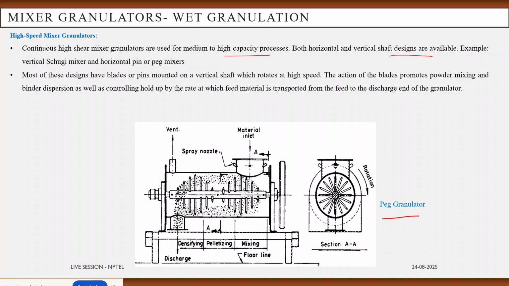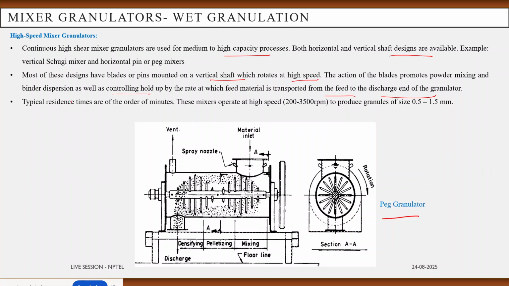So this is one example of the peg granulator, where most of the designs have the blades and pins mounted over the vertical shaft, which rotates at a very high speed. The action of the blades promotes powder mixing and binder dispersion, as well as controlling hold up by the rate at which feed material is transported from the feed to the discharge end of the granulator. Typical residence times are of the order of minutes.